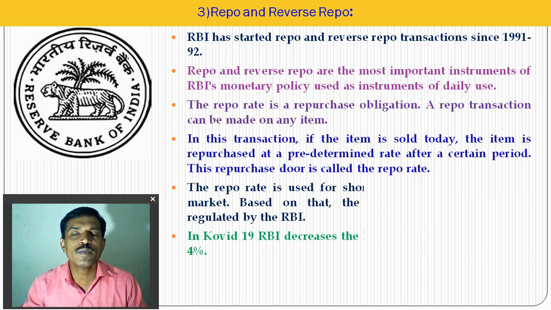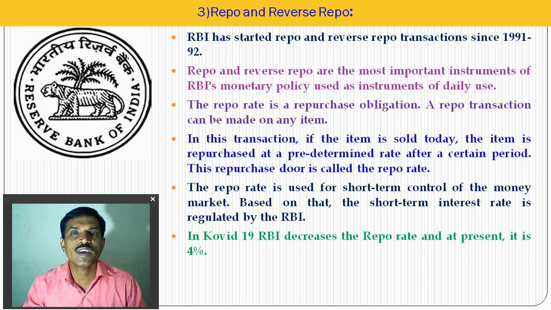So for a very short period of time, when the bank purchases the RBI's security, at that time they reduce their cash or reduce their creditworthiness, and after some time RBI repurchases the securities, at that time their creditworthiness is also increased.